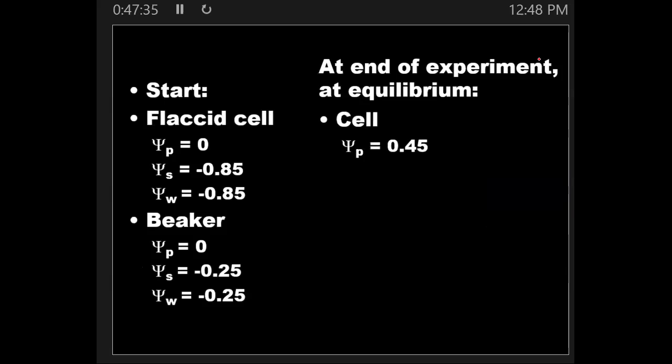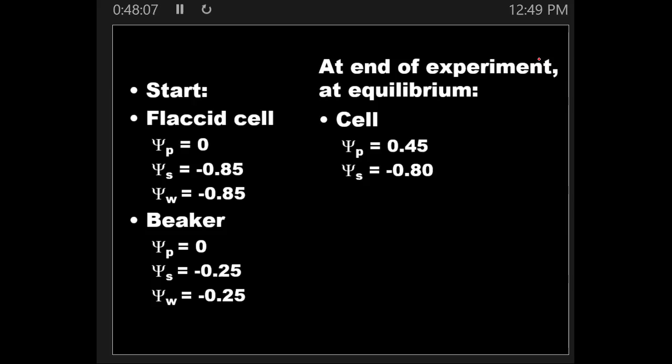Now, after the experiment, after they dropped that cell in, somebody came along and measured that when water rushed into that cell, it started to generate a hydrostatic pressure. So your psi sub P value immediately came into play, and they calculated it was 0.45 megapascals. And they said, with the water moving in, you actually see a change in the osmotic potential to negative 0.8, whereas at the start of the experiment, it was negative 0.85.